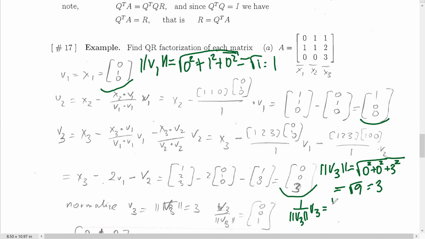So this would be 1/3 times this vector 0, 0, 3. In that case, I have 1/3 times 0 is 0. 1/3 times 0 is 0. 1/3 times 3 is 3/3, which is 1. So this is my normalized v3 vector.